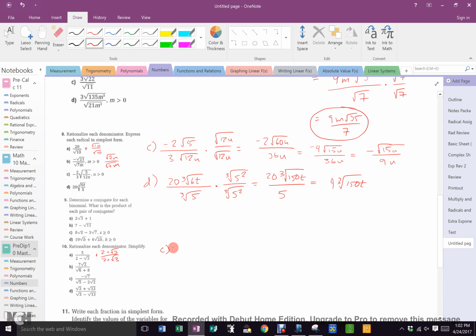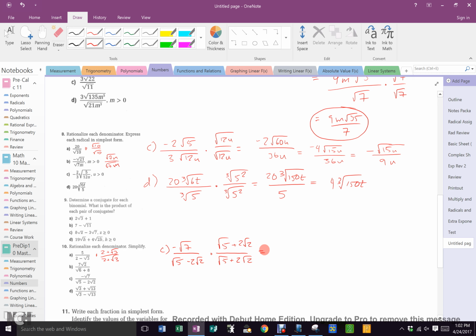So C is negative root 7 over root 5 minus 2 root 2. Now remember, because it's a binomial, I got to do the coefficient as well. Root 5 plus 2 root 2.